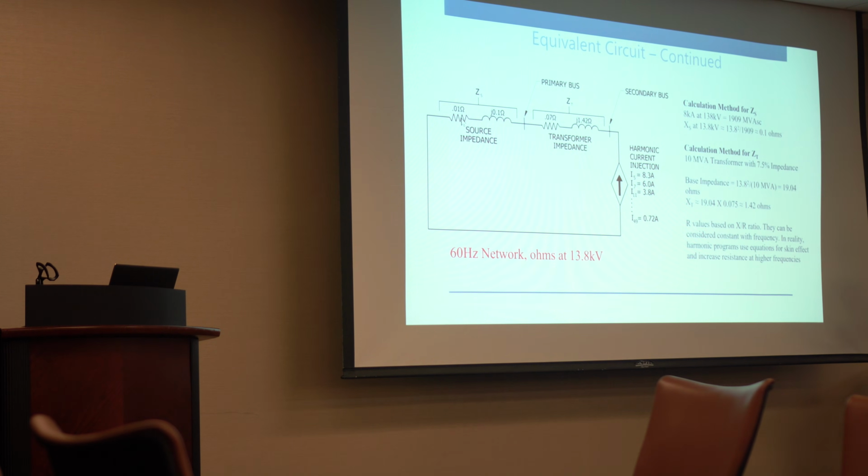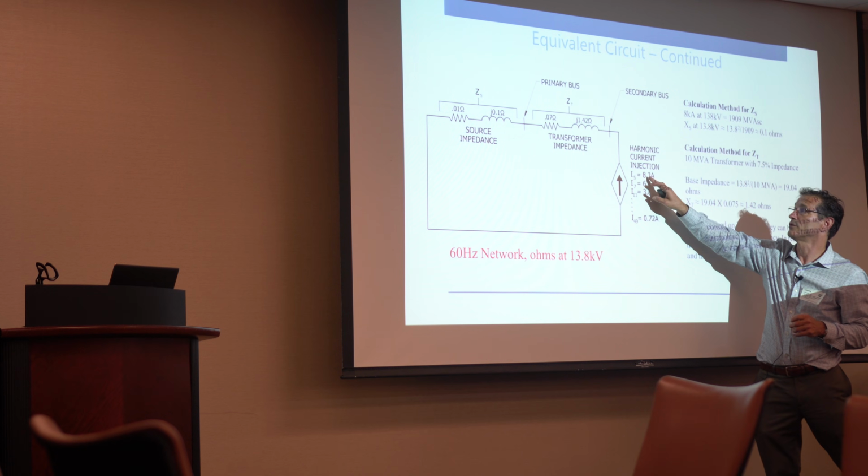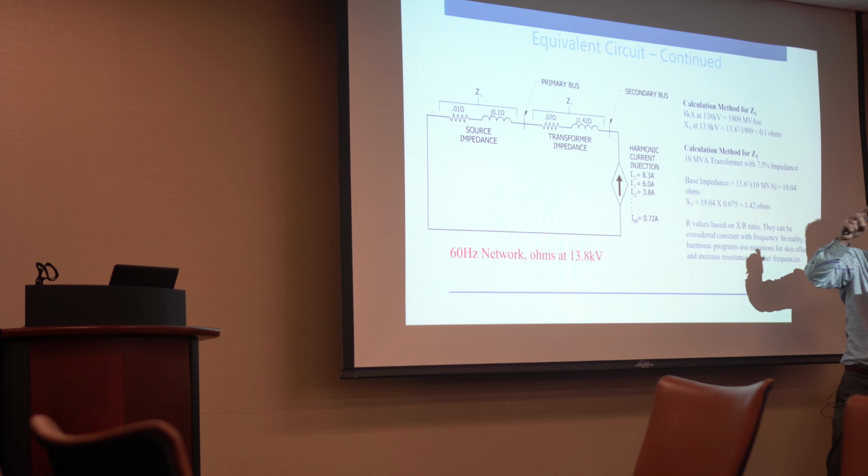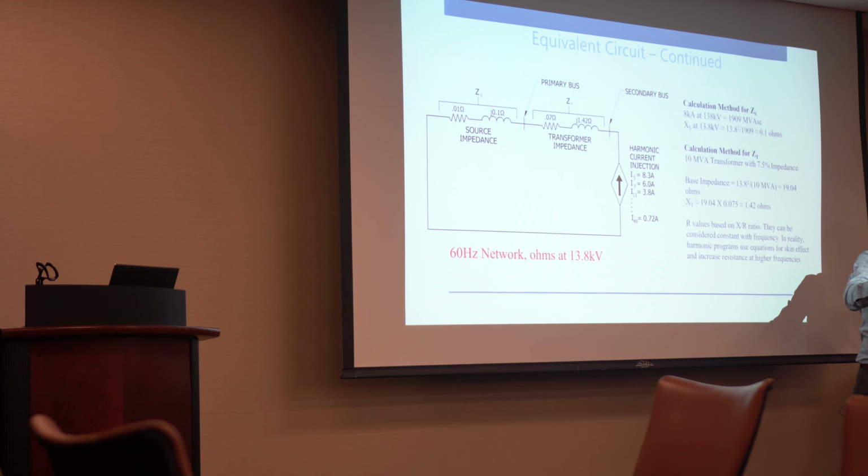So you could technically toss the resistance out for a very simple analysis and just use X of L, especially in a model like this. The voltage at the fifth would be 8.3 times 1.42, but then times 5, because I'm at the fifth harmonic. The impedance is equal to 2 pi FL, which is X of L. So F is in the equation when you have an inductive component, J omega L, 2 pi FL.